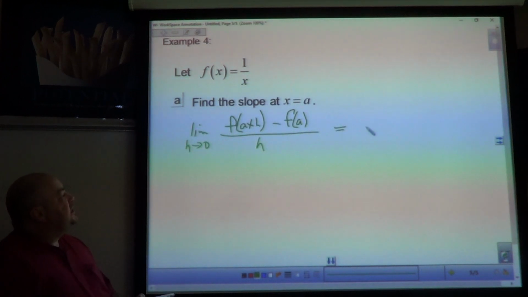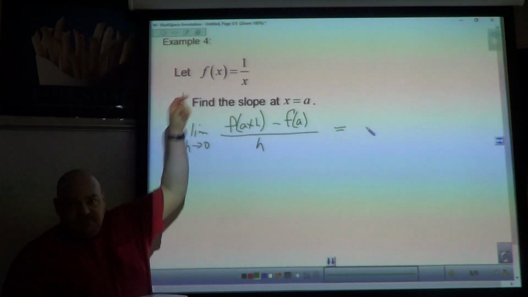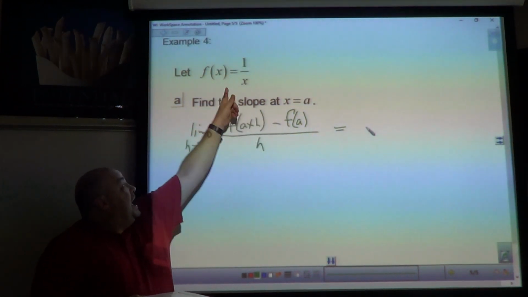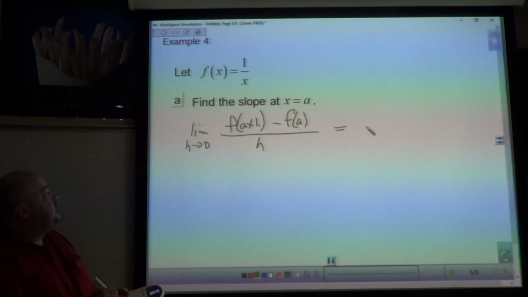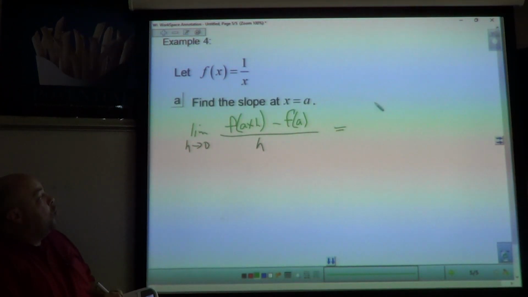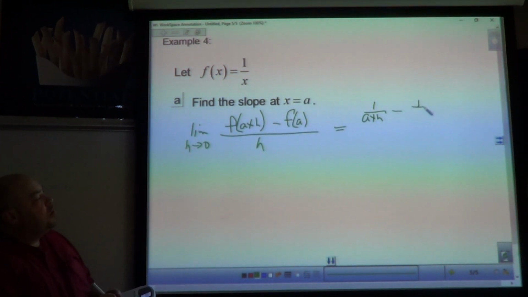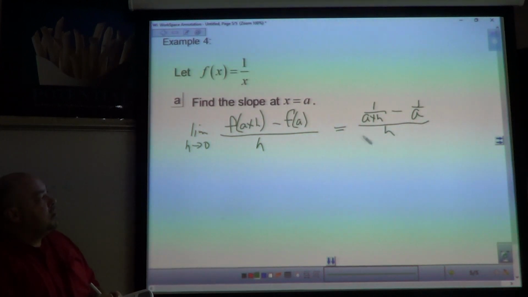Now, when we plug this in, we're going to put a plus h in place of x, and we're going to put a in place of x for those two expressions. So we end up with the limit as h approaches 0 of 1 over a plus h minus 1 over a, all over h.